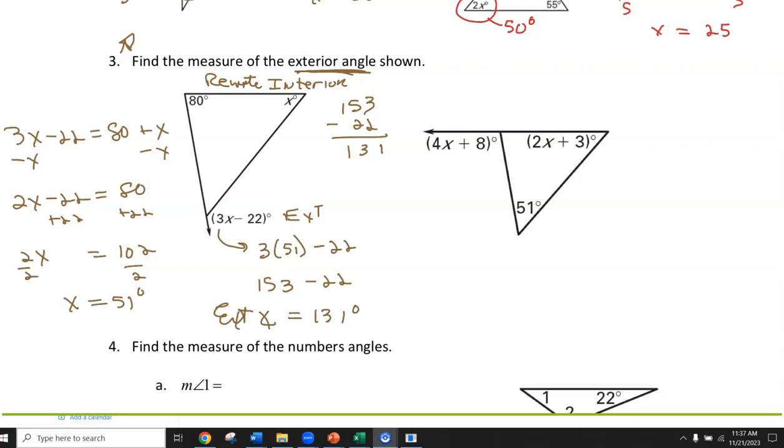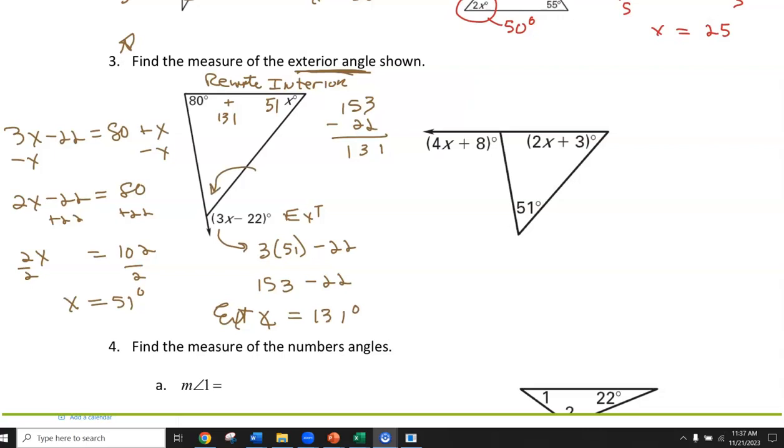Why don't we just test our work? If I know that x was 51, then this is 51. What's 51 and 80? If I add these together, I will indeed get 131. And as long as we're having a good time here, can't you also solve for this angle?